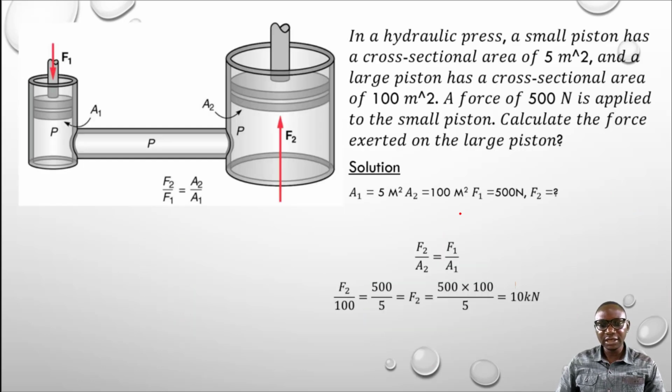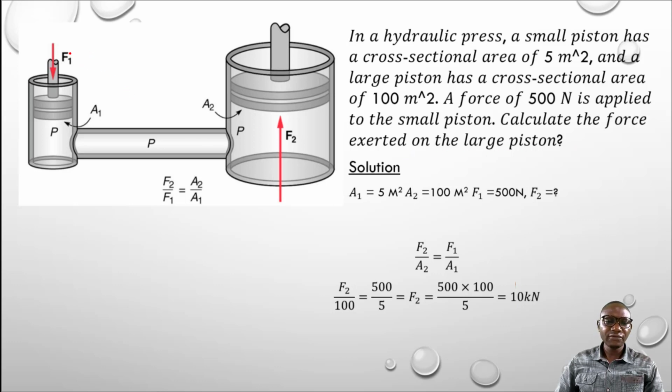Now let's see this example. It said in a hydraulic press, a small piston has a cross-sectional area of 5 meters squared and a large piston has a cross-sectional area of 100 meters squared. A force of 500 Newton is applied to the small piston, and we are asked to calculate the force exerted on the larger piston.